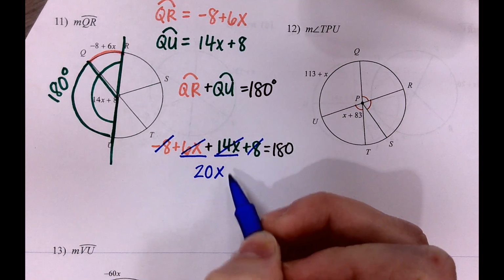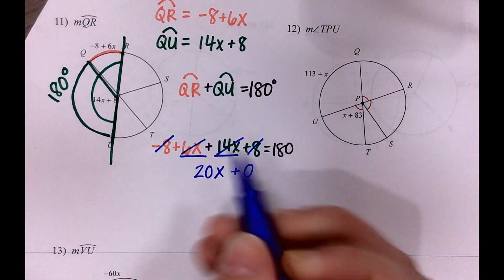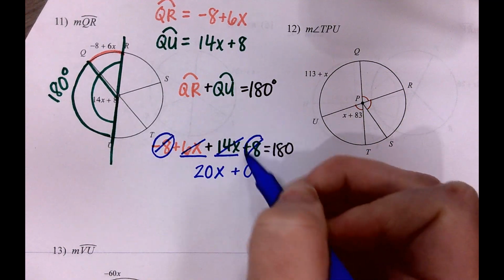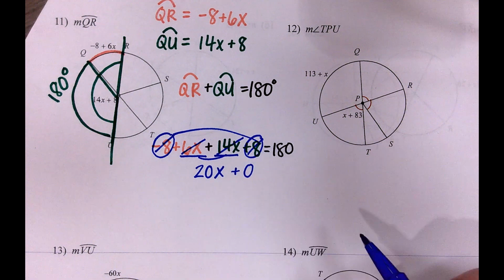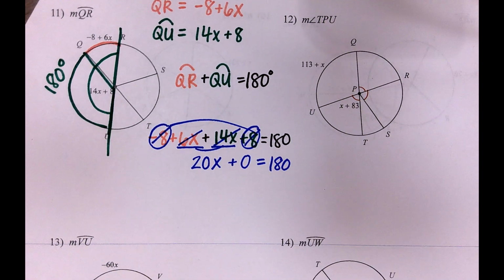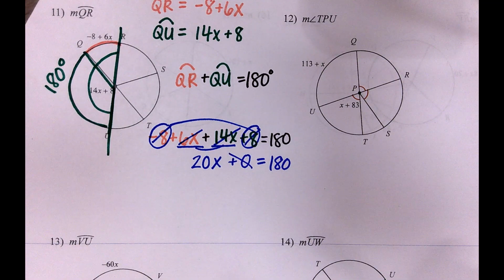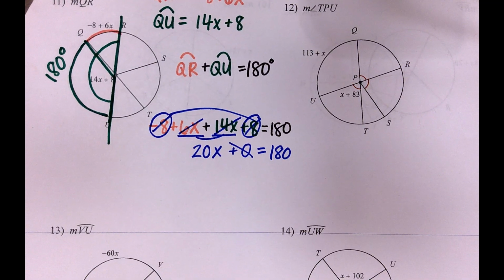So I'm going to write that +0 for fun, equals 180. And I know that 0 is going to disappear, so I'll just cross it off at this step.